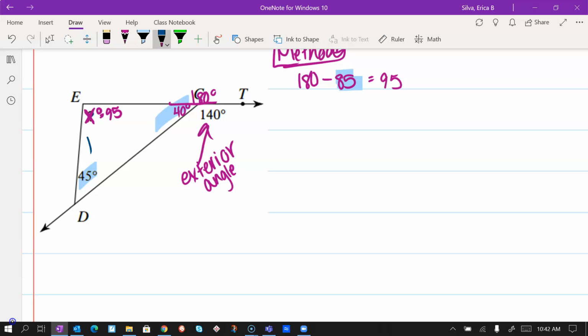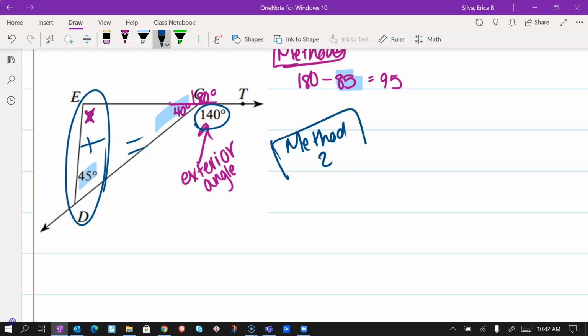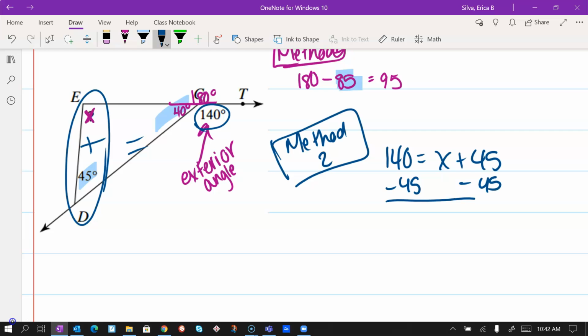What's another way? Can we add these two? If we didn't know this was 95, can we add these two to equal our exterior angle? Yeah, so we could have done, this is method 2, 140 is equal to x plus 45, and then we can solve for x, which means we just subtract 45, and we get 95 is equal to x.